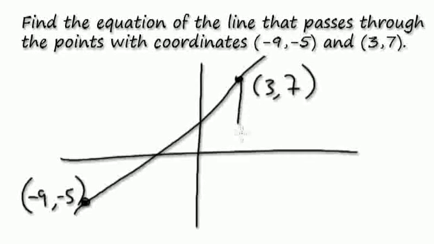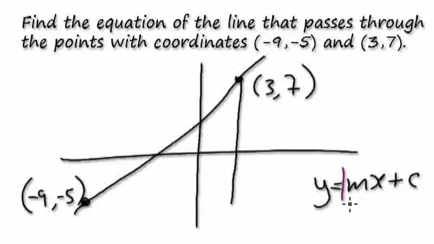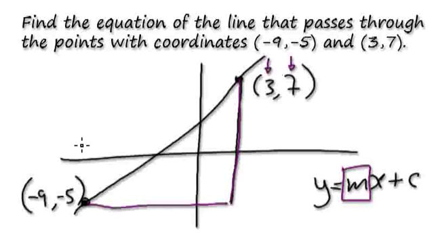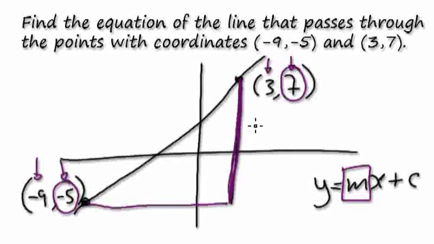Now, because it's a straight line and we want y equals mx plus c, we need to know the gradient. We want this height divided by this width. This is x and this is y. Because I'm interested in the height, I'm concerned with the y values, these two figures here.